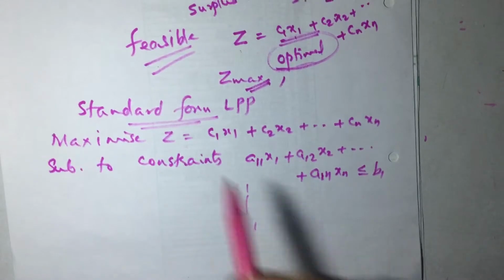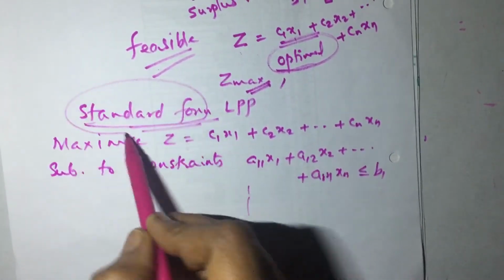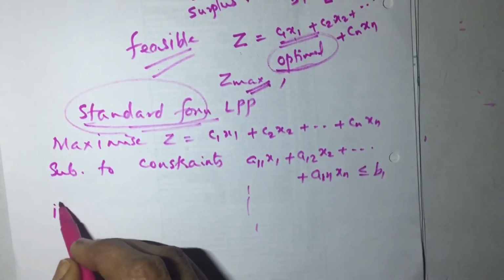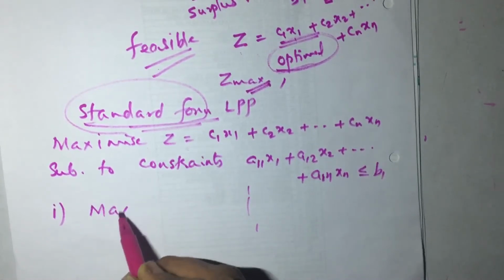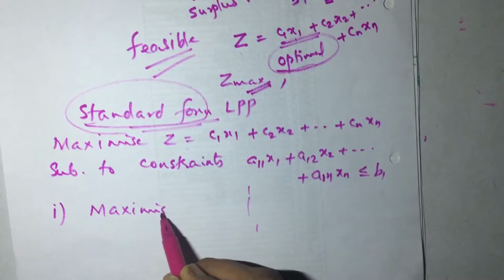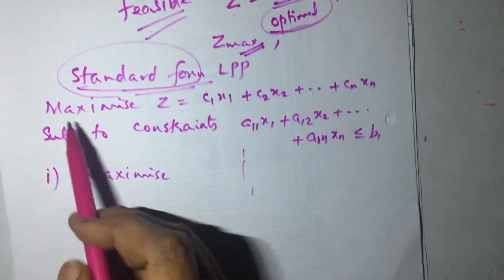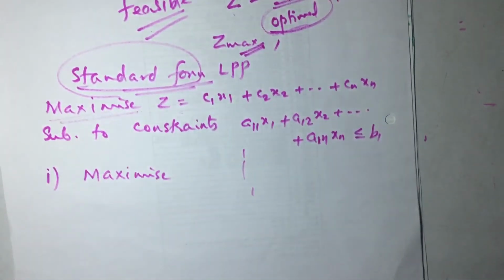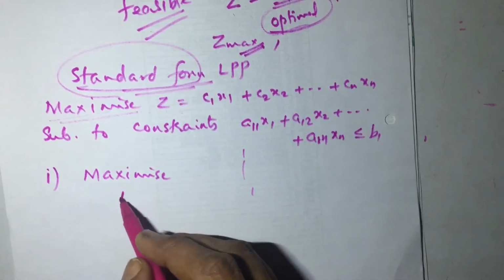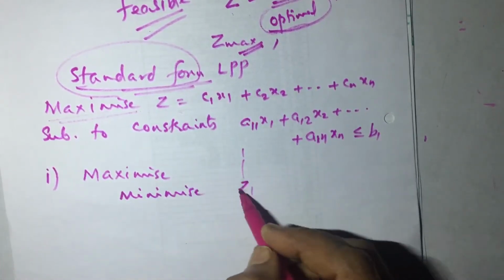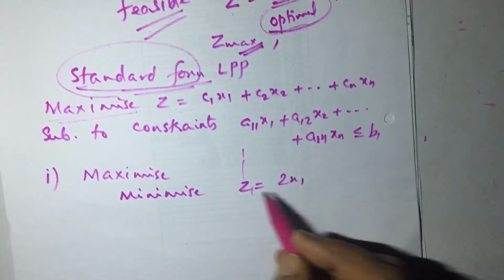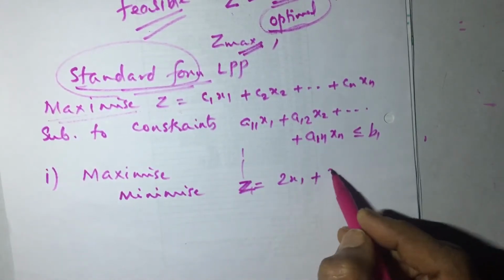Then in a standard form, 2-3 conditions are there. Here the problem will always be to maximize. Your question will always be maximize z equal to something. Now suppose it is given as minimize, say minimize z equal to 2x1 plus 3x2.